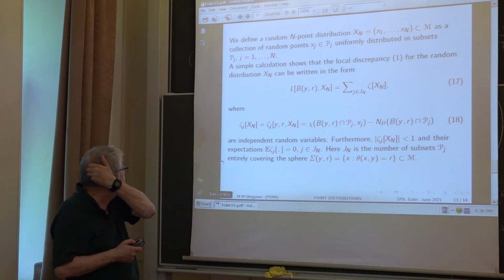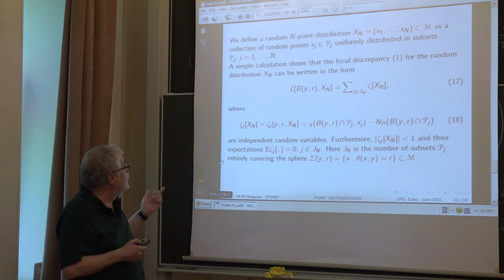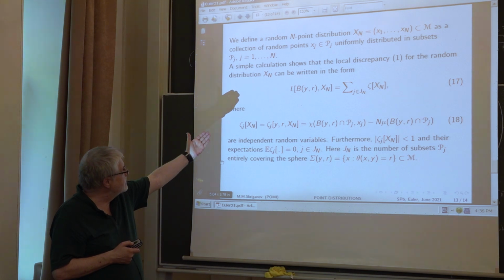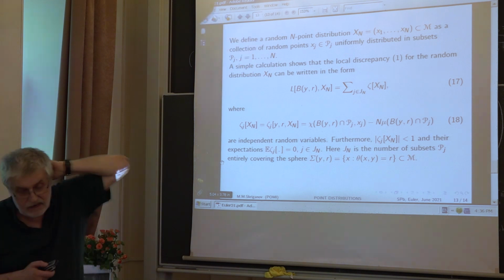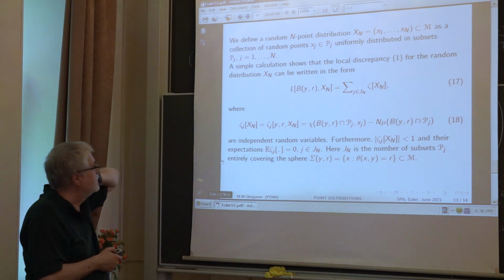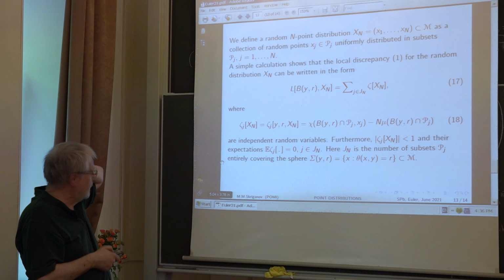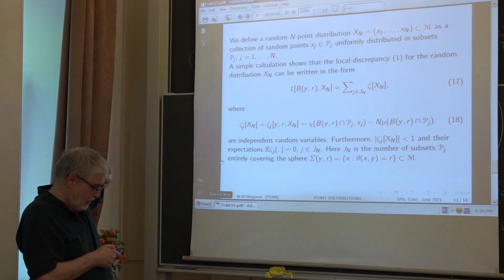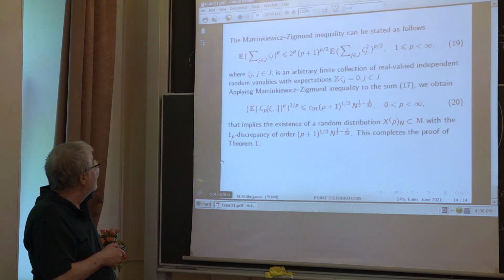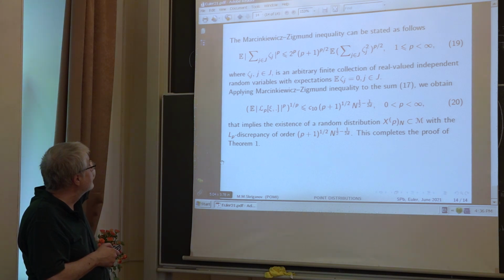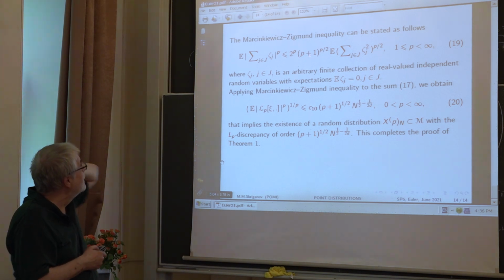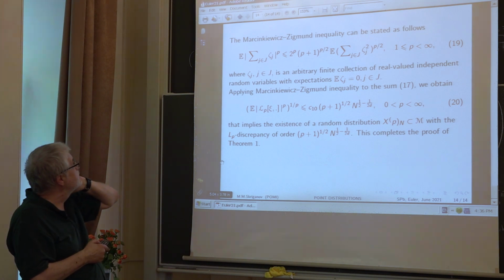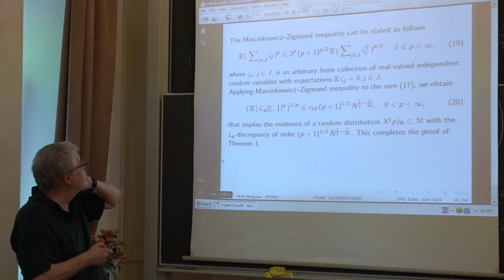As a result, the local discrepancy is the sum of independent variables, and we can apply the Marcinkiewicz-Zygmund inequality. Oh, I'm sorry, Zygmund should be written with y instead of i. So this is the Marcinkiewicz-Zygmund inequality.